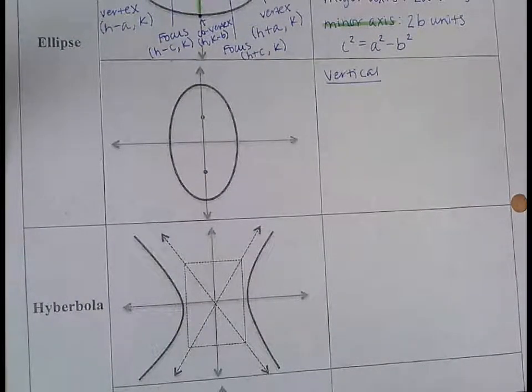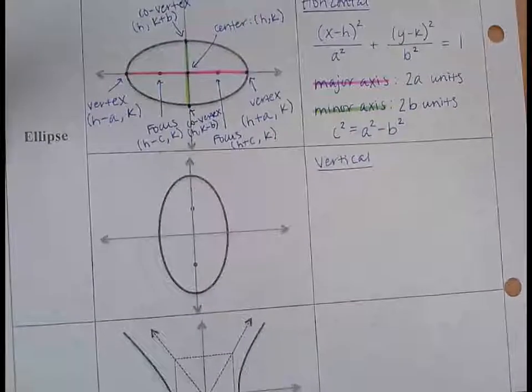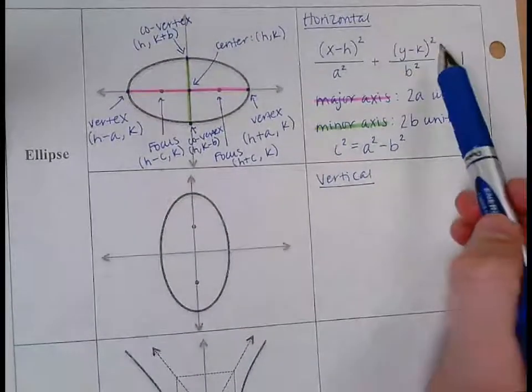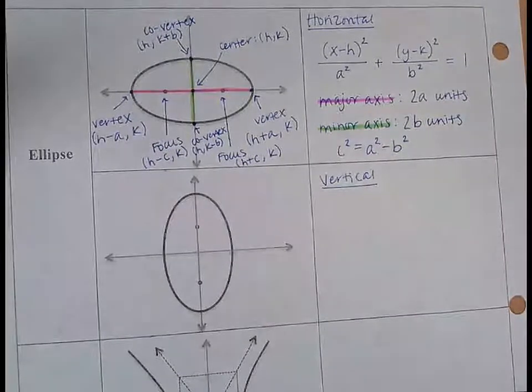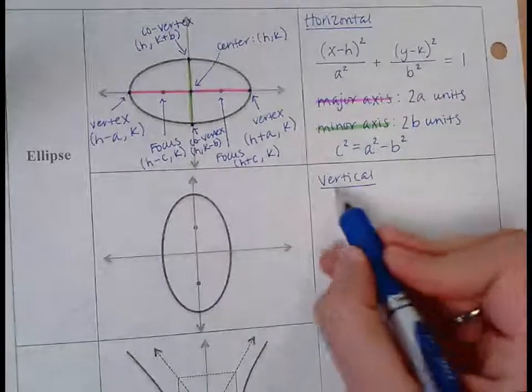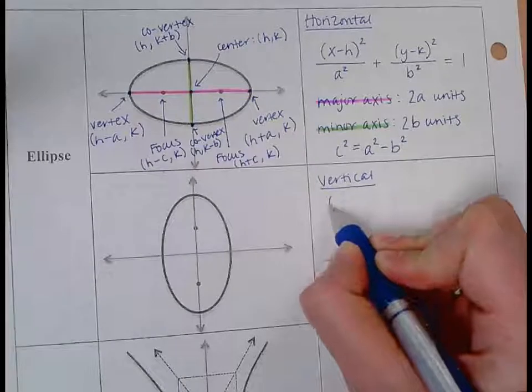And for this standard form, I actually want to show this just so you can compare it to this one. So this is how the standard forms are different. For a vertical ellipse, this is the standard form.